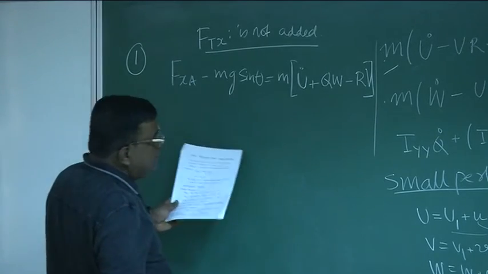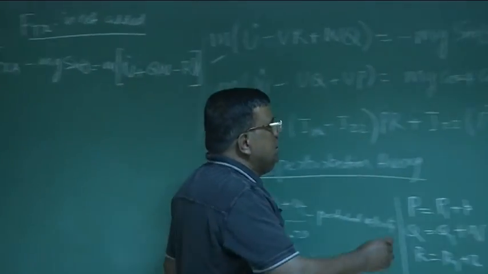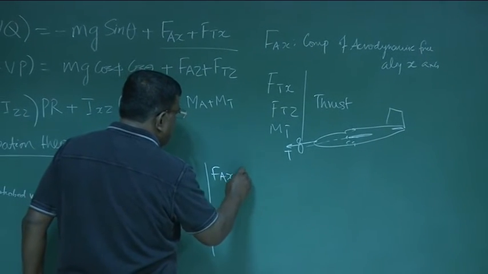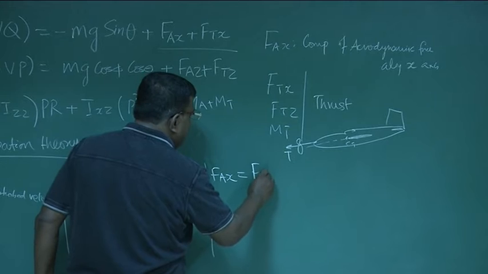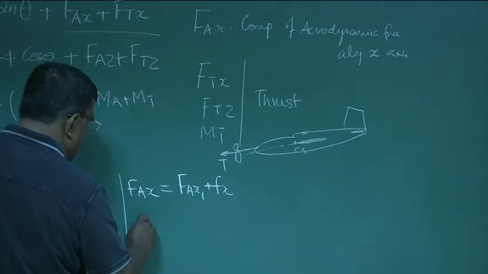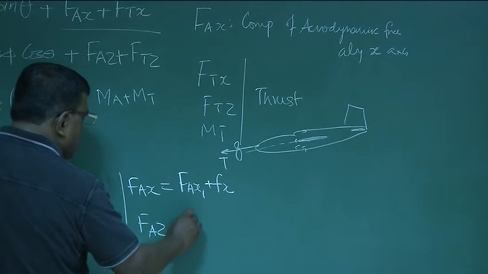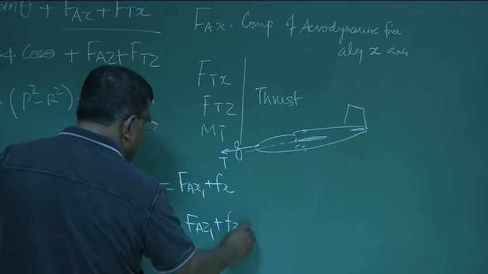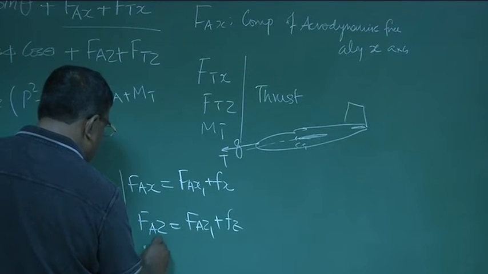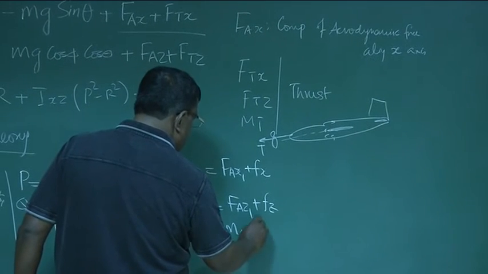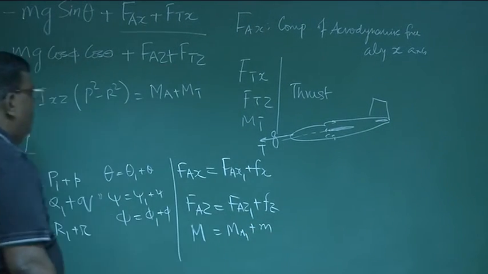So now what is to be done? Yes, this Fx I can write as Fx1 plus fx, FAz as FAz1 plus fz, and M equal to MA1 plus m. I will explain what this 1 is.